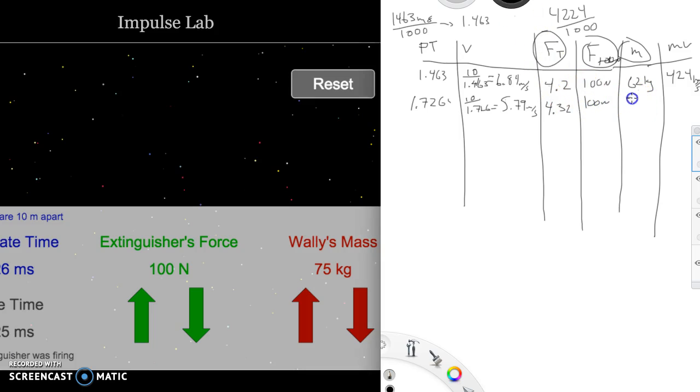The mass this time was 75, and so my momentum, 75 times 5.79, is going to be about 434. Okay? And so this is kind of an overview of how to get started taking data for your lab.